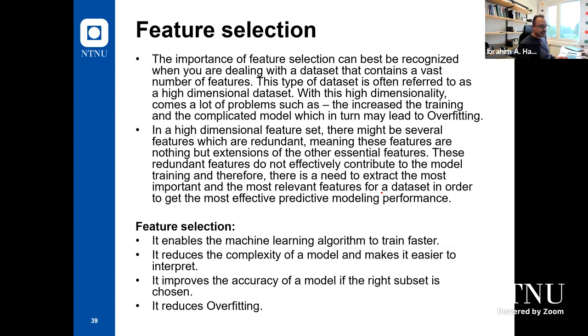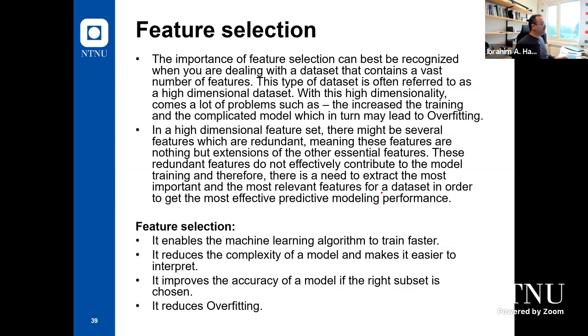This type of data set is often referred to as a high dimensional data set. When we have lots of features, training increases and the model becomes complicated, which in turn may lead to overfitting. With this high dimensionality, we have lots of problems.